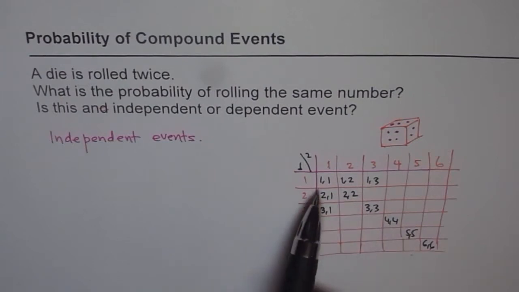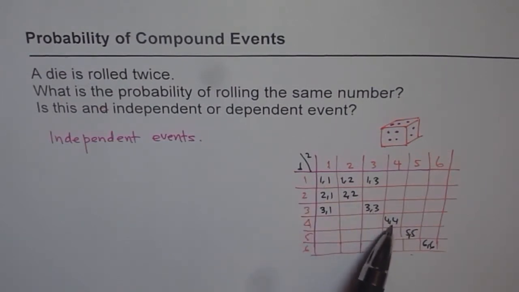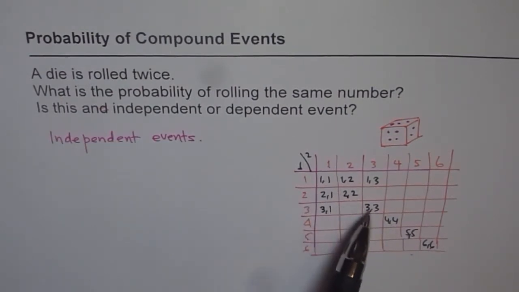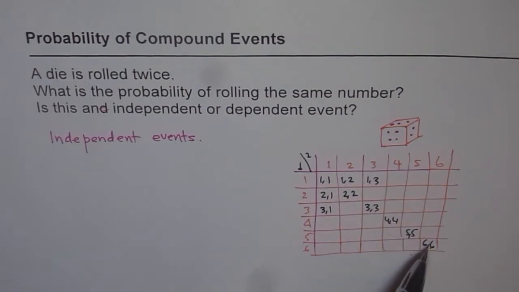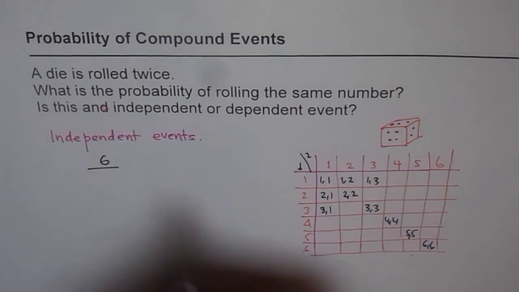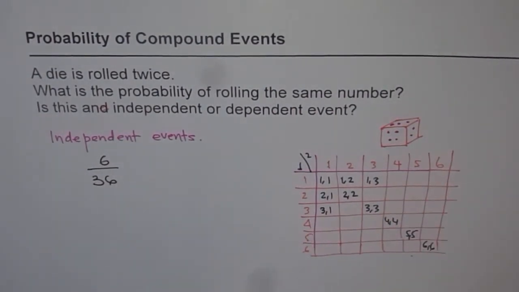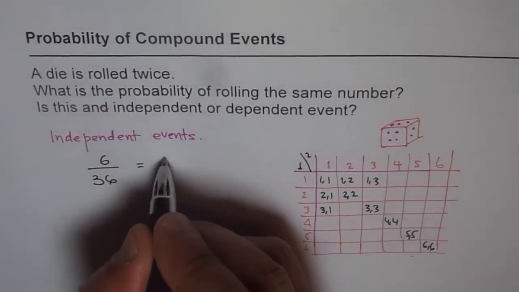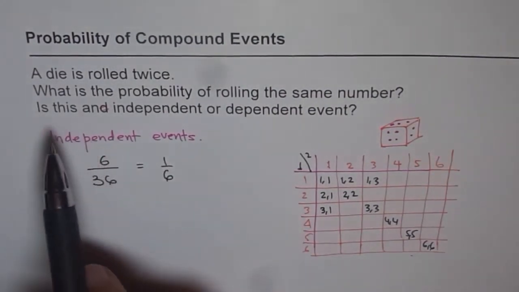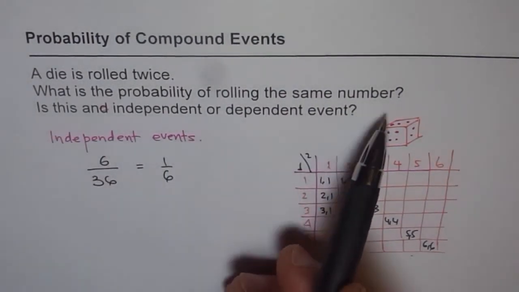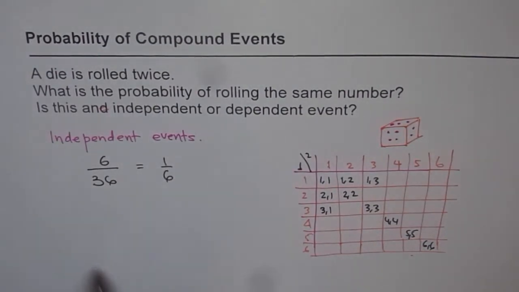So we see that the rolls which give you the same number is 1, 2, 3, 4, 5, 6, right? So that is the answer. 6 over total outcomes is 36, right? 6 over 36, right? So that is 1 over 6. So the probability of rolling the same number is 1 over 6.